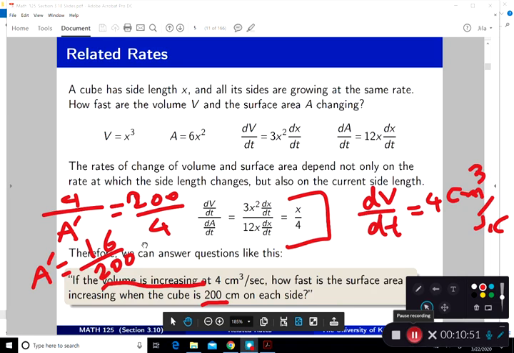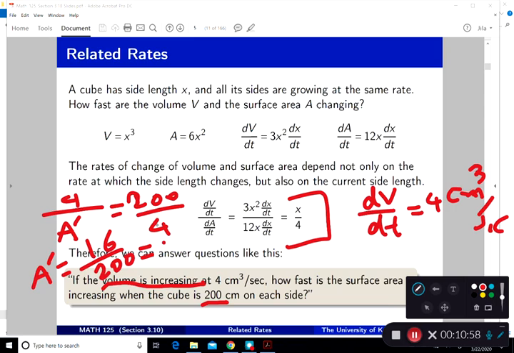That is, the rate of change in surface area is 2 divided by 25 square centimeters per second.